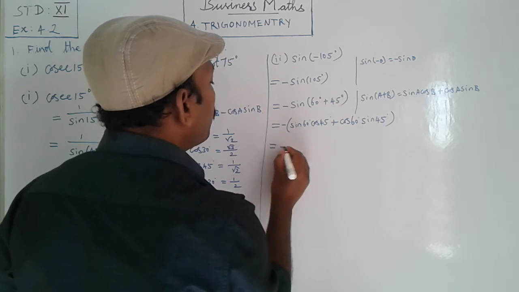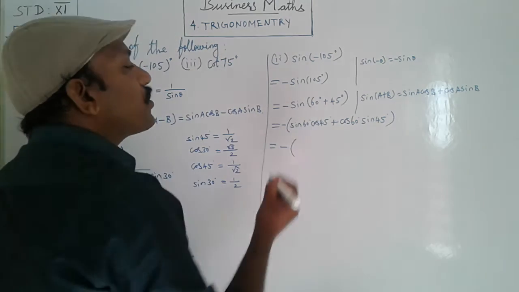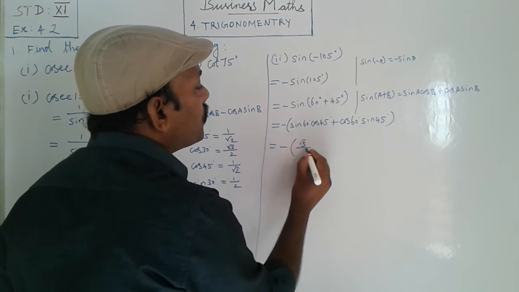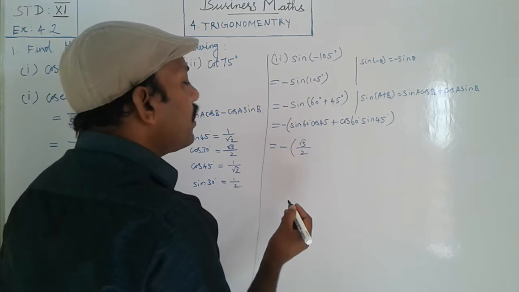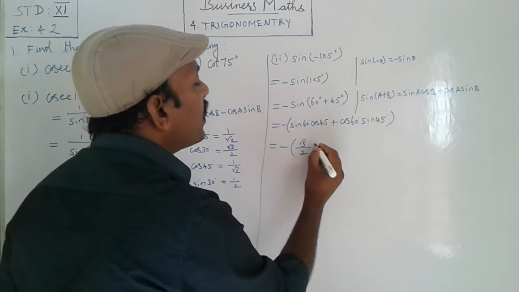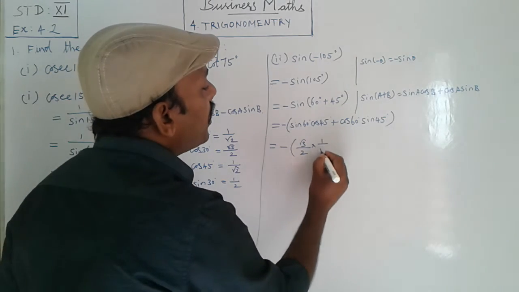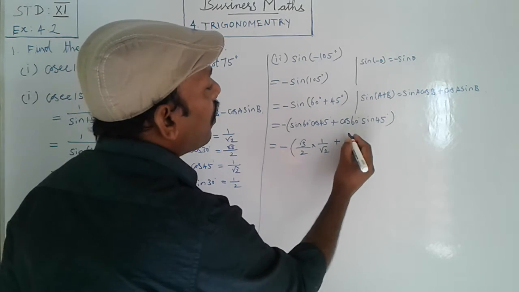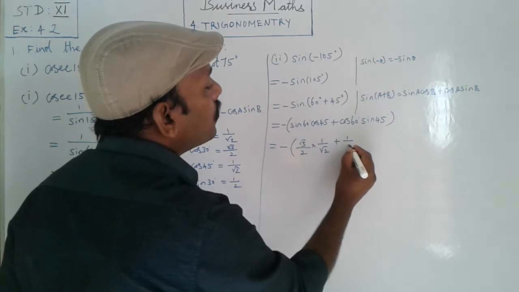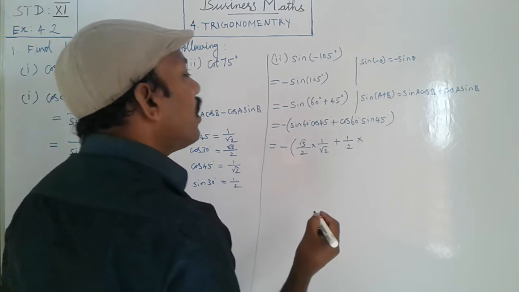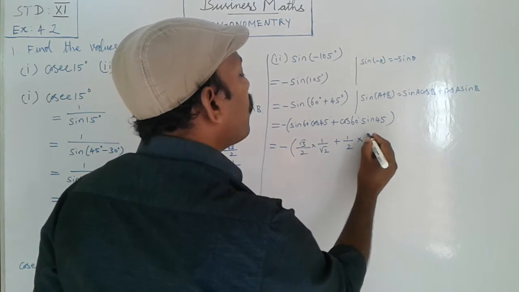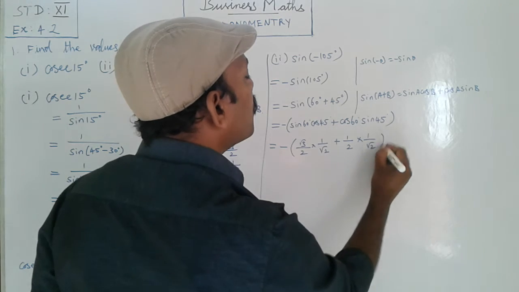Sin 60 is root 3 divided by 2. Cos 45 is 1 divided by root 2, plus cos 60 is 1 divided by 2 into sin 45 is 1 divided by root 2.